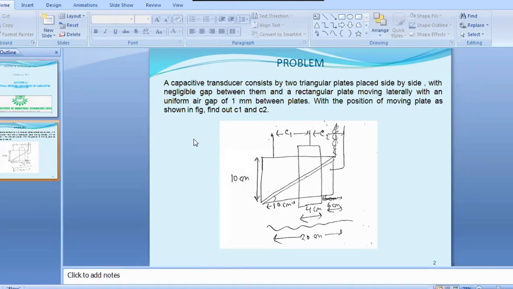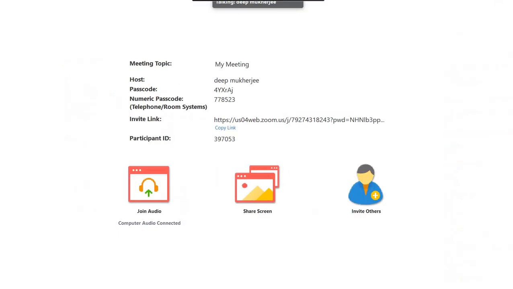Now, this is the capacitance C, equal to epsilon A by D. What is epsilon actually?